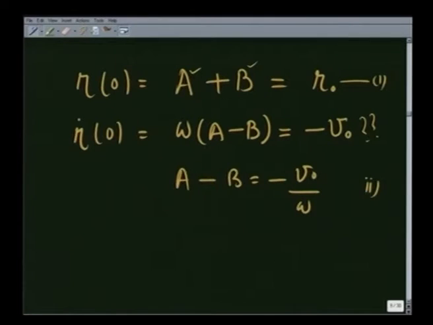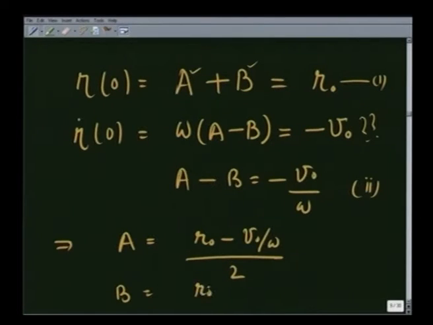This is my equation number 2, and this gives me a is equal to r 0 minus v 0 over omega, divided by 2, and b is equal to r 0 plus v 0 over omega, divided by 2.